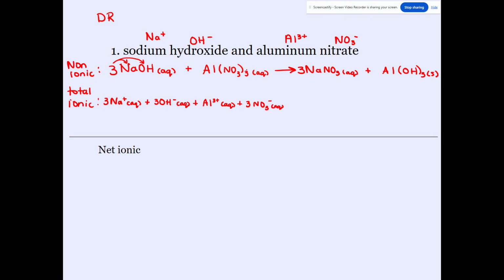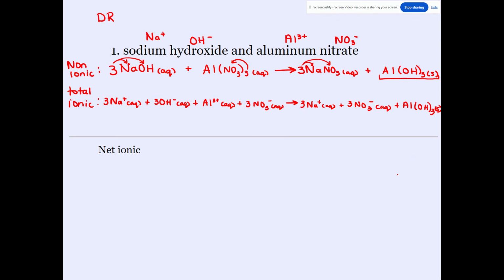That 3 there becomes the balancing coefficient for nitrate. On my product side, I have another soluble ionic compound. That 3 again goes with the sodium and the nitrates. You should always have the same number of each ion on each side if you balance the reaction properly. My last compound, though, is insoluble, so it is not dissociating. It is staying Al(OH)3 solid. Okay?